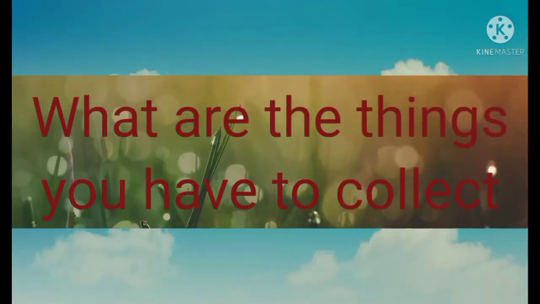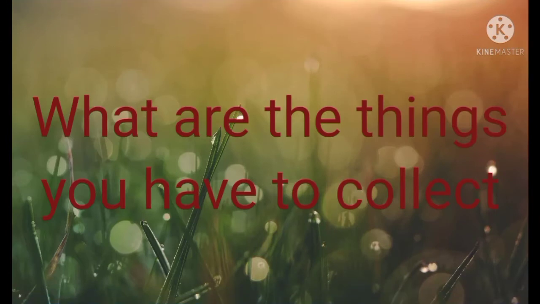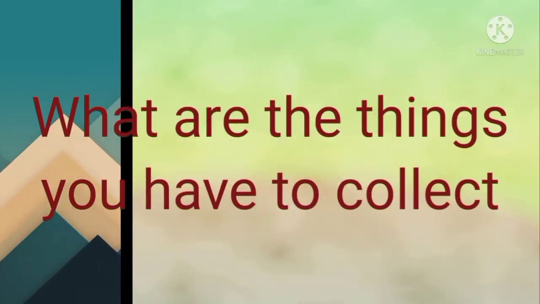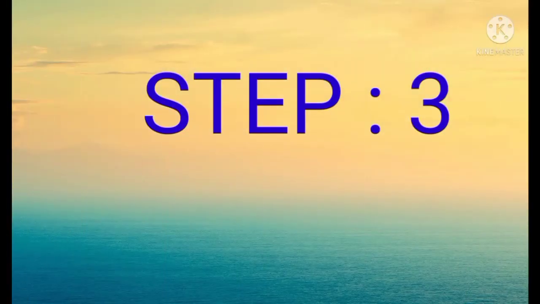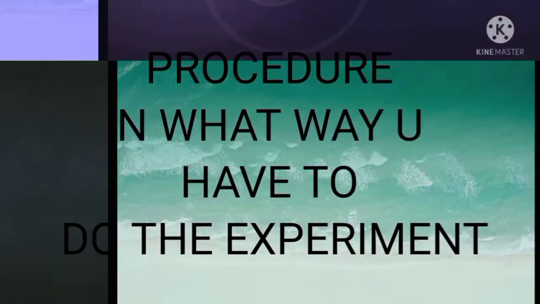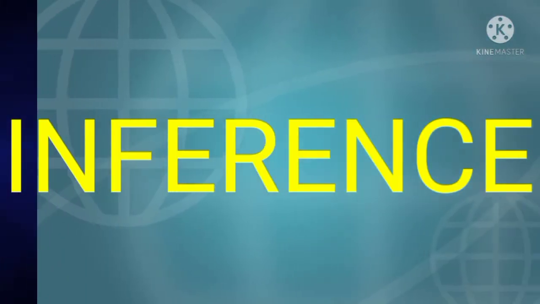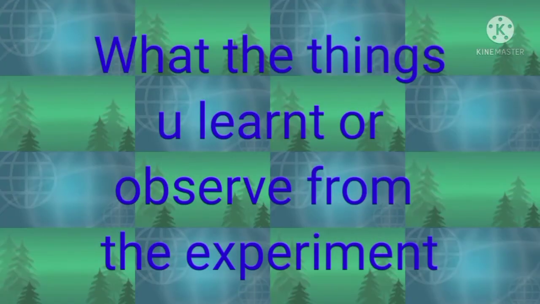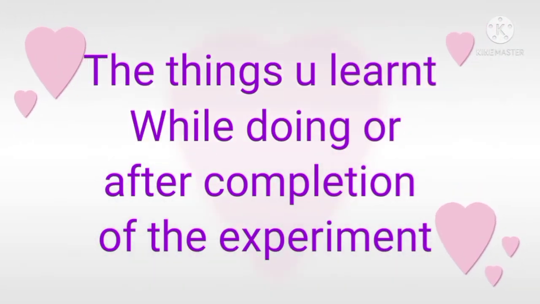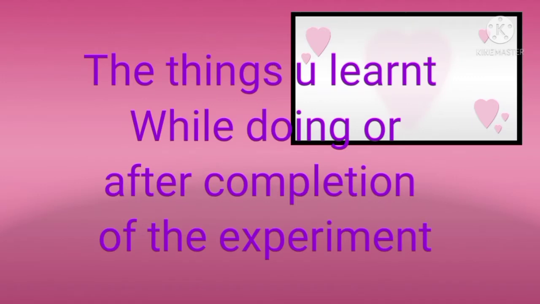These are the things you have to collect to do the experiment. Step 3, procedure: the way you have to conduct the experiment. Step 4, inference: what you learnt or observed while doing or after doing the experiment.